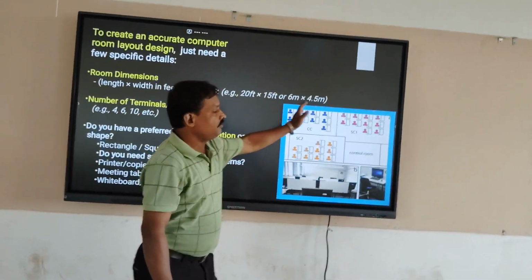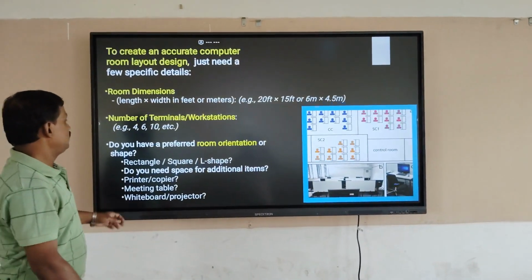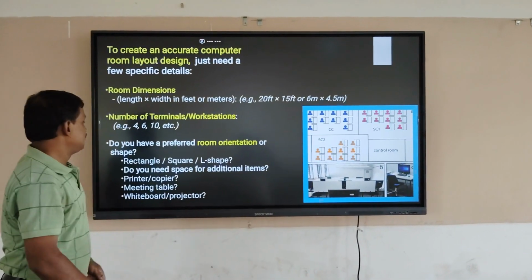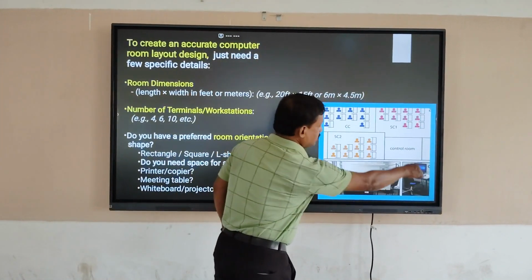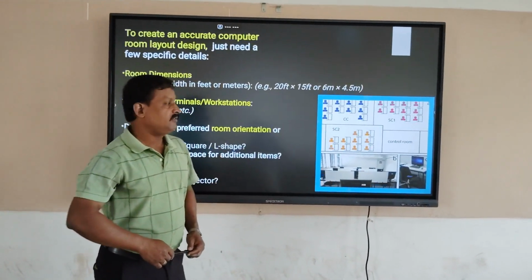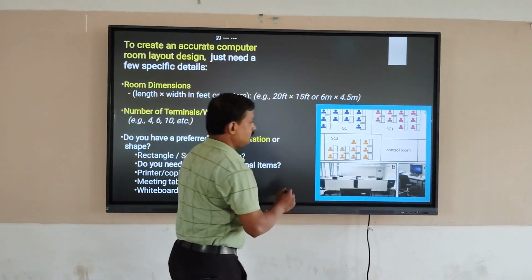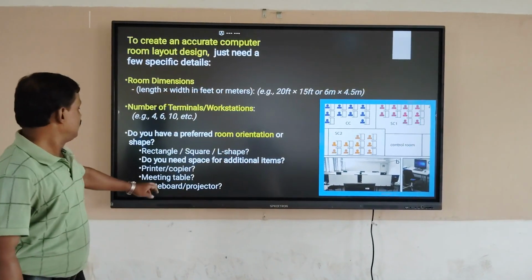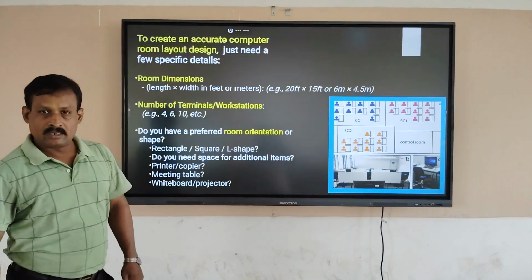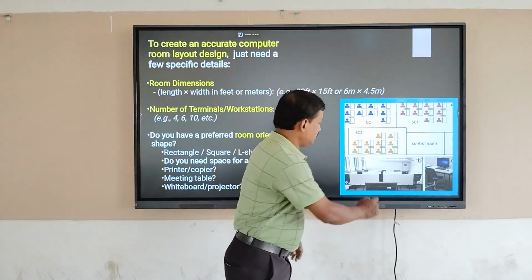So how are we going to design? Then room orientation: rectangle, square or L shape. This is the square size. If we go for L shape, we make it in an L shape.